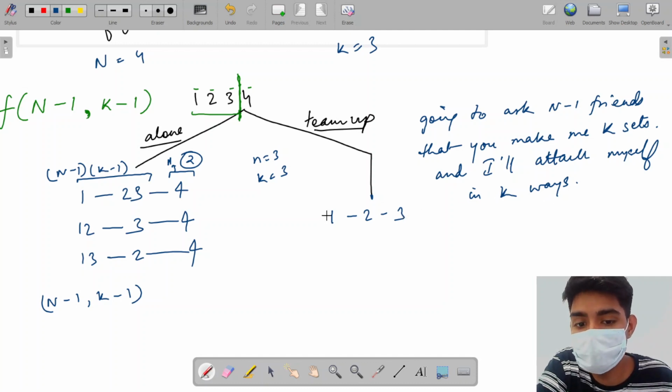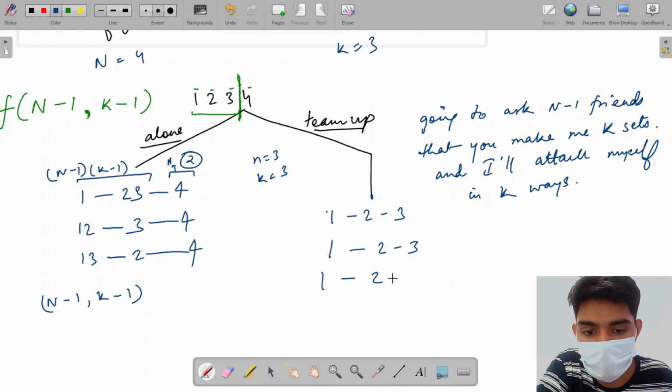What do we mean by that is 4 is going to pair itself. So we have 1, 2 and 3, something like this. Then 4 is going to pair itself with either 1, or 2, or 3.